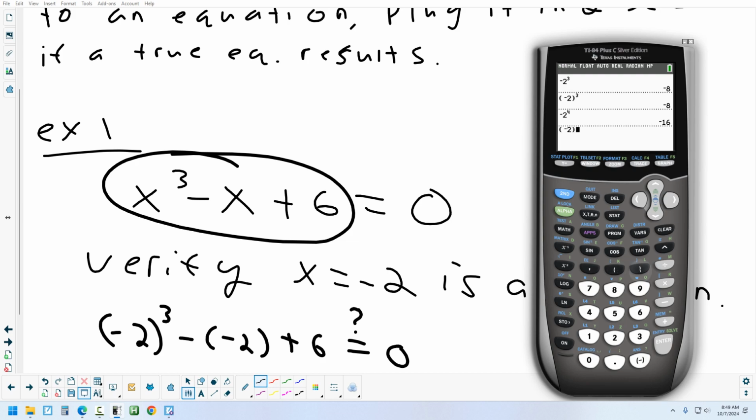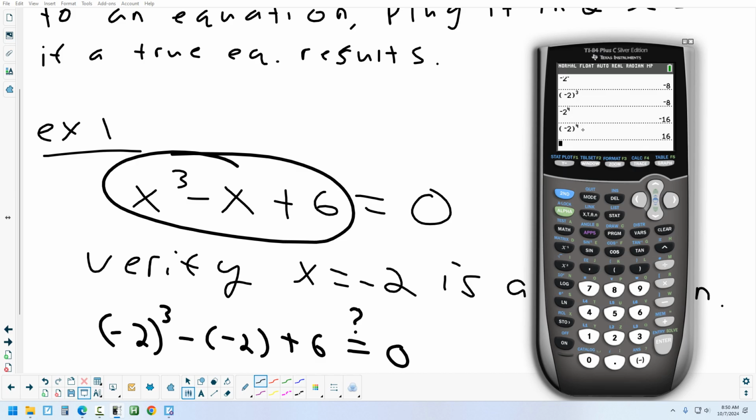And when I type it in this way, it gives me +16. Okay, so what it's doing in the top one is it's raising 2 to the 4th power, and then it's throwing the negative in front. In this one, it's raising the negative and the 2 to the 4th power. Okay, with an odd exponent, again, it doesn't make a difference, but you should always put it in parentheses.